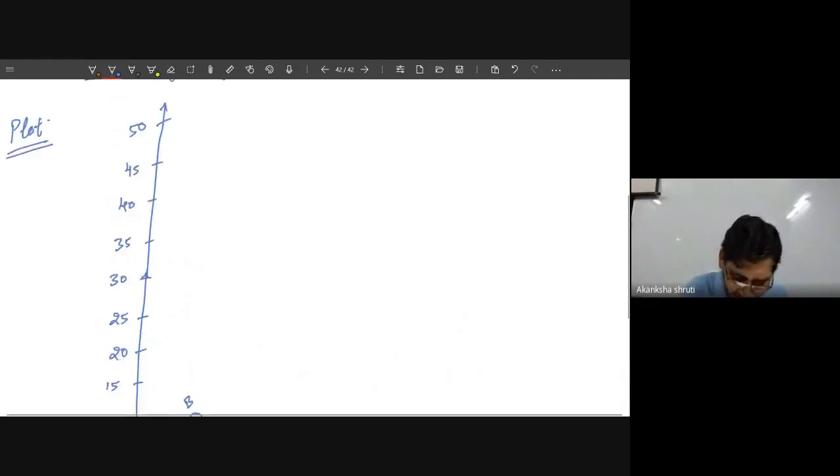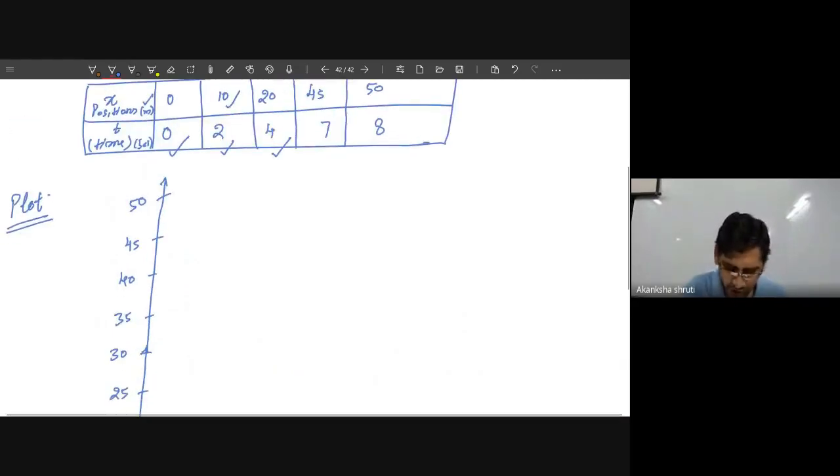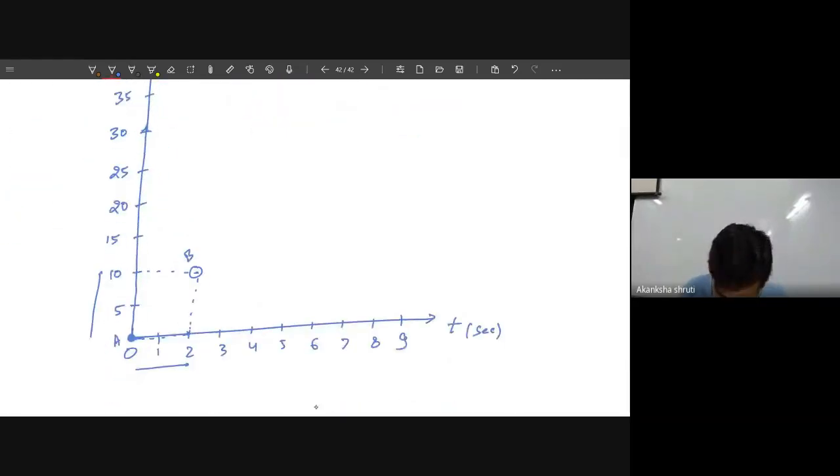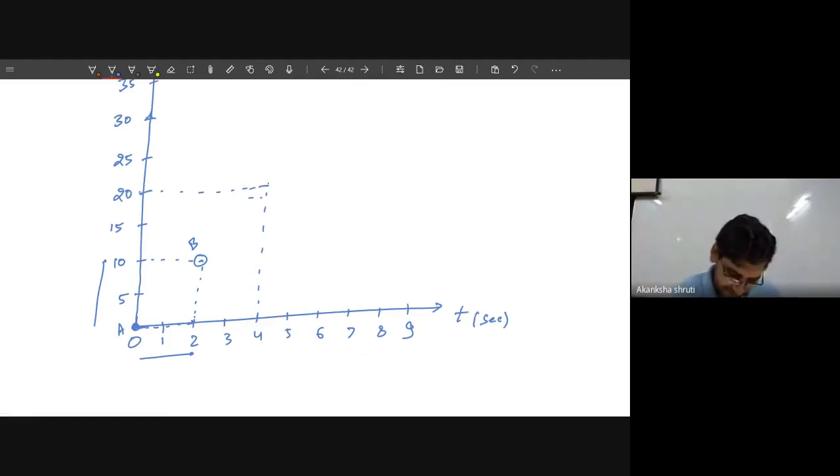Students, the third one: at 4 seconds, it is 20. Means go on the time axis to 4, and on the vertical axis move up to what? 20. Means it is something like this. It is here. So this is the point C. Okay.